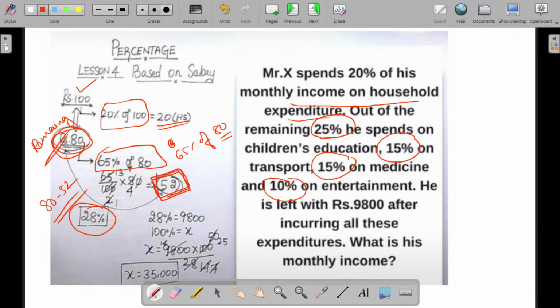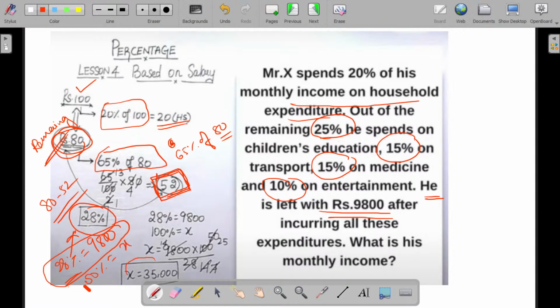So here he had mentioned he is left with 9800. So 28 percentage, that is equivalent to 9800. That is the left amount. So you can calculate 100 percentage equal to x.